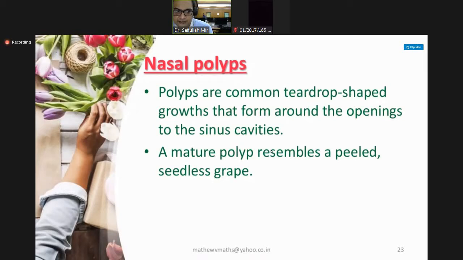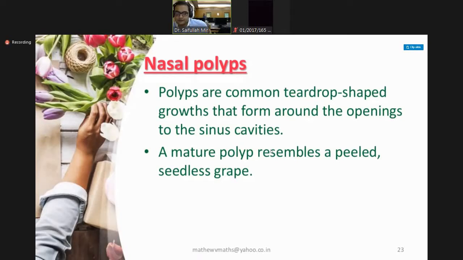When the elasticity goes away, the nasal mucosa is down, and at a certain point it does not rebound back up. So then it starts forming a polyp. It's a very good description here: a mature polyp resembles a peeled seedless grape. That's what it looks like.